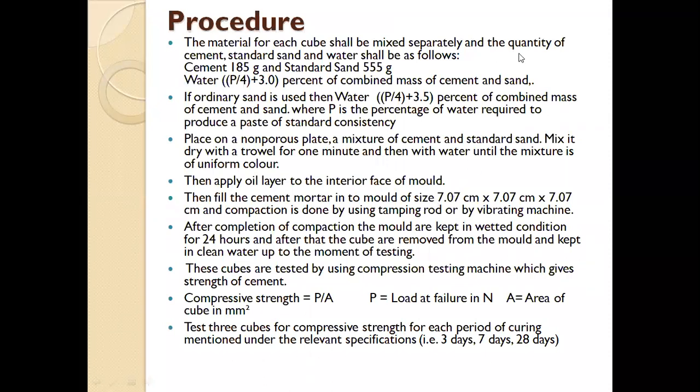The material for each cube shall be mixed separately, and the quantity of cement, standard sand and water shall be as follows. For each cube we have to mix the material separately and make the proportion separately. The quantity required is cement 185 gram and standard sand 555 gram.